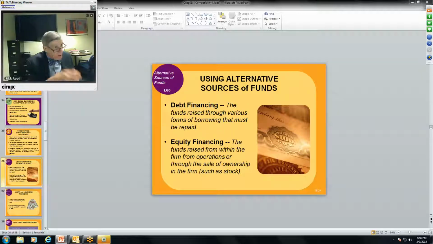Equity, on the other hand, is raising money from operations or through selling stock in a company. It says ownership here. I prefer you use things as stock, but you could sell ownership too, certainly if you're a small company. Now, there's a danger in selling ownership.